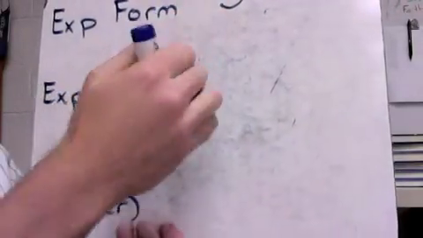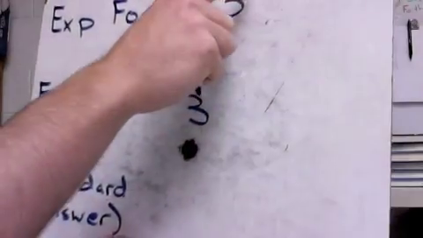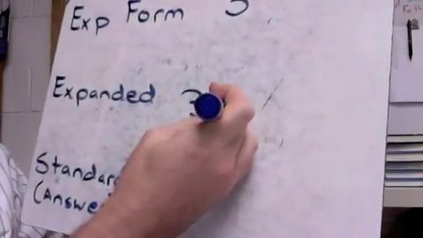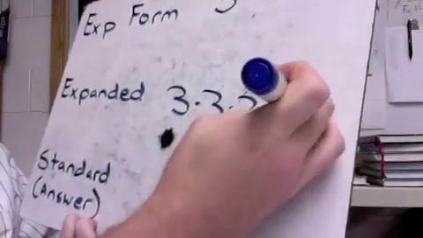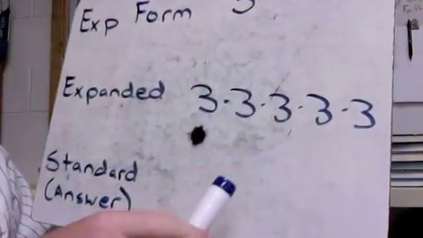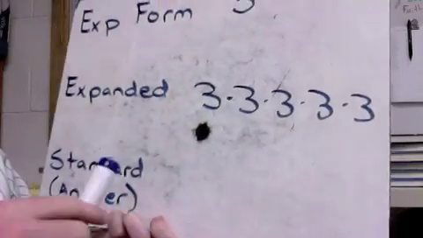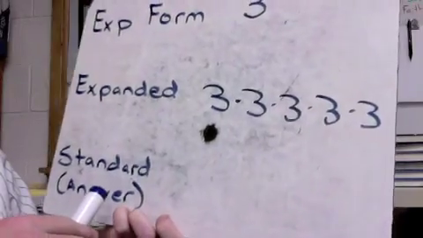Expanded form for this is going to be the base number, and we're multiplying it by itself 5 times. So this should be 3 times 3 times 3 times 3 times 3. 1, 2, 3, 4, 5. I've got 5 3s. Standard form is just the answer. So I just need to multiply this together.